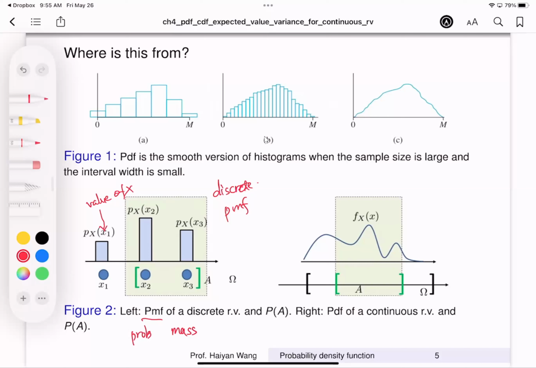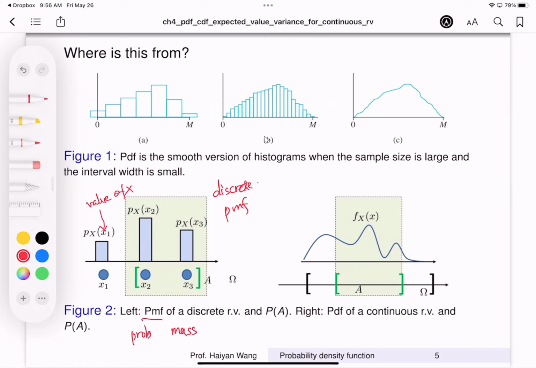In the discrete case, if we want the probability for interval A, this interval contains possible values like x2, x3, so that probability simply sums up those bars inside of A. On the other hand, in the continuous case, the same A covers the entire range, rather than having single bars that we can count or add together.